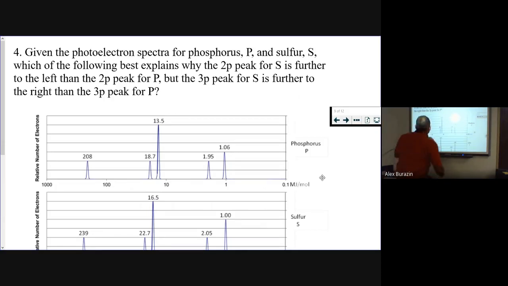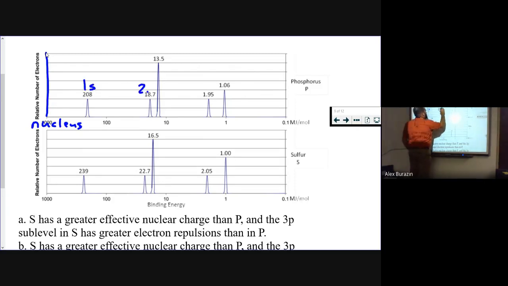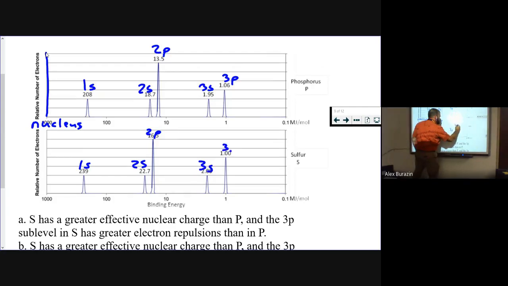Again, this is my nucleus, and as I go left to right, I identify the orbitals in order. This is 1s, 2s, 2p, 3s, 3p. And same thing down here. That's my nucleus. This is 1s, 2s, 2p, 3s, 3p.